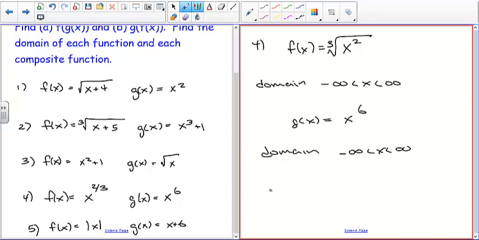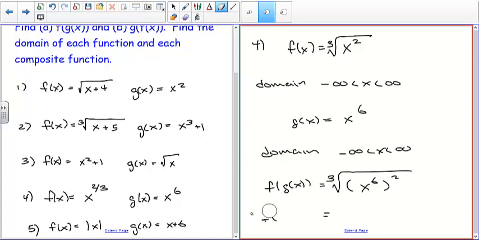So when I make the composite function f of g of x, f of x is the cube root of something squared. That something squared is, in this case, x to the 6th. So I'm going to plug that in there. And so let's look at the domain of that before we simplify it.